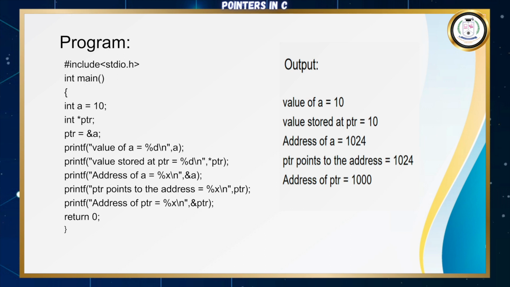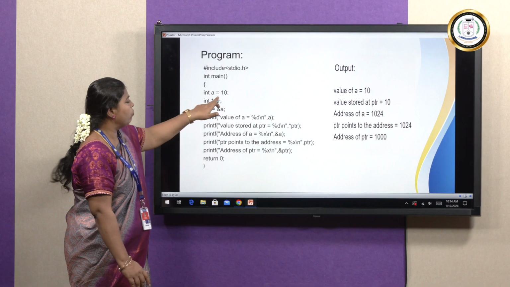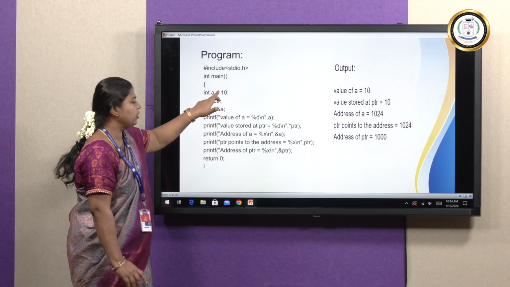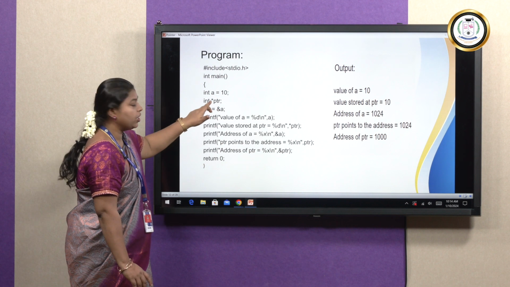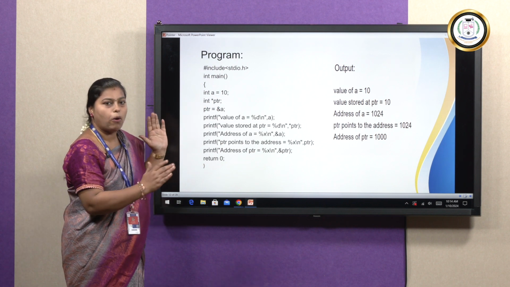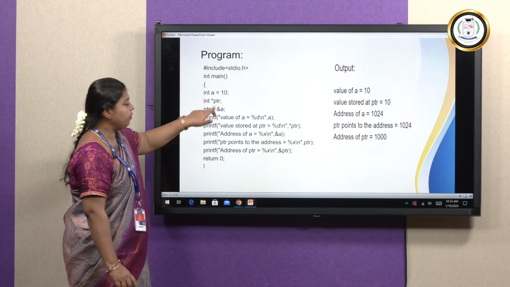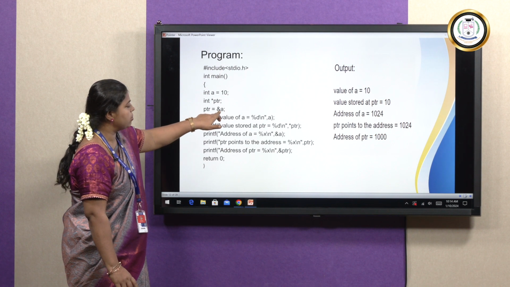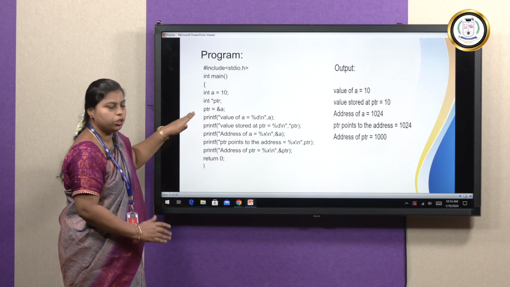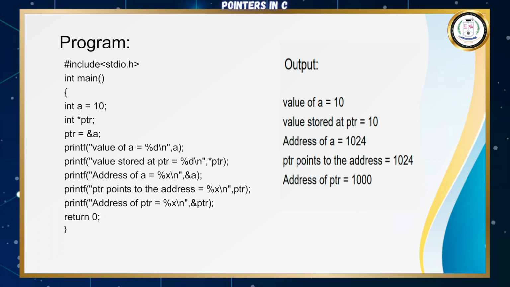So we have the normal program. In this program we are using the variable a, and the value we have assigned here is 10. And then we have another variable, which is the pointer variable, and we assign the address ampersand a to the pointer, which means the address of a will be assigned to the pointer variable.